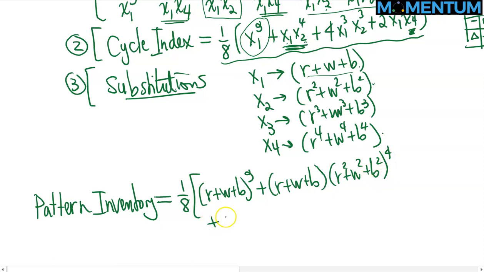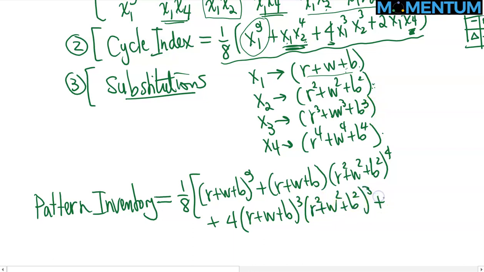Plus, let's continue this way, we have 4 times x1 cube and x2 cube. x1 cube, so this one cubed. And then x2 cubed, this one cubed: R squared, W squared, and then B squared, cubed.